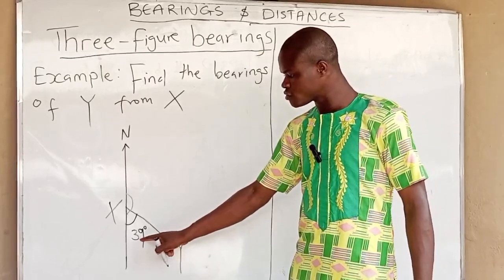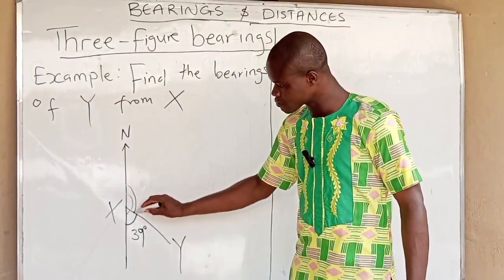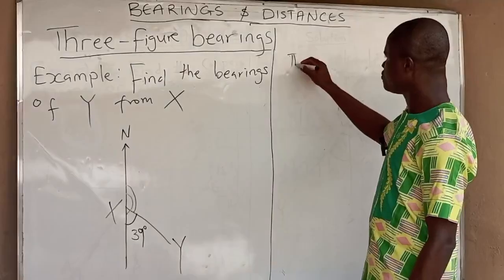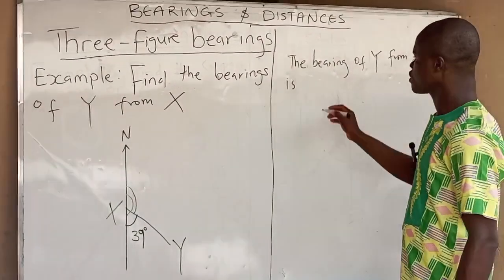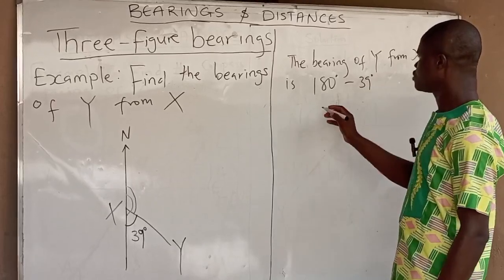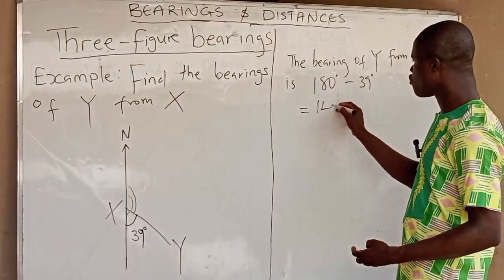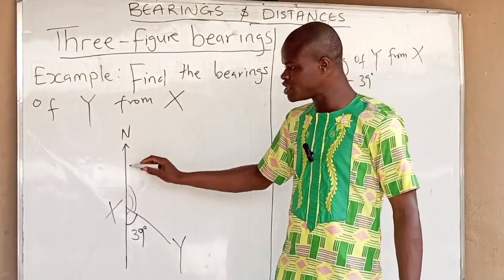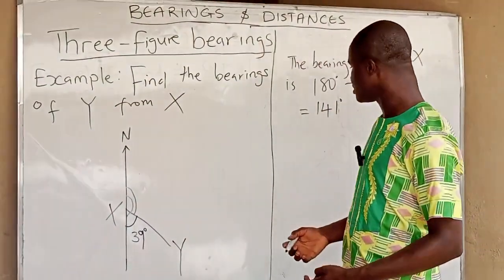Since they've given us this to be 39 degrees, then from here to here is going to be 180 minus 39 degrees. The bearing of y from x is 180 degrees minus 39 degrees, which is equal to 141 degrees. So that is the measurement from north towards the object, it is 141 degrees.